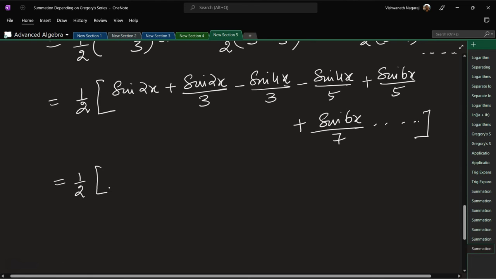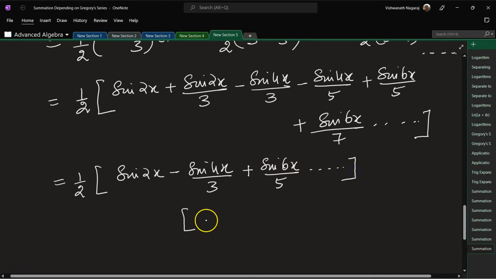We get sine 2x minus sine 4x by 3 plus sine 6x by 5 and on and on. Then the second series would be, what are we left with? Sine 2x is gone.